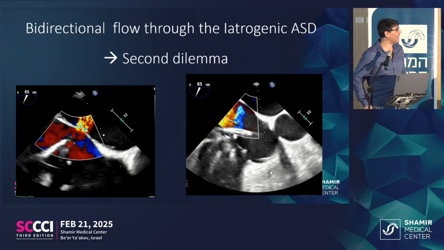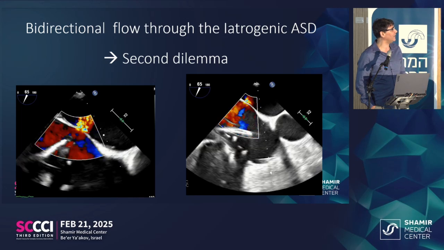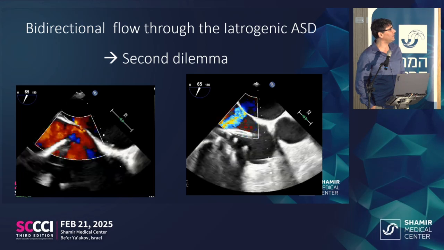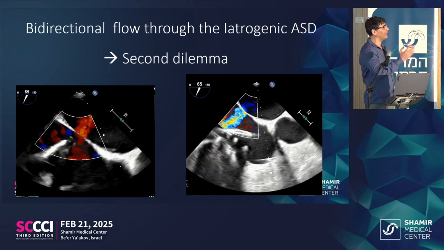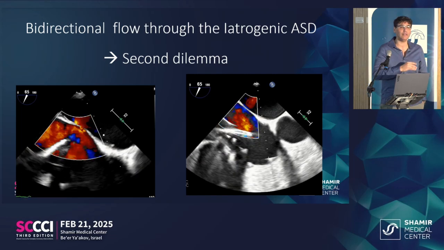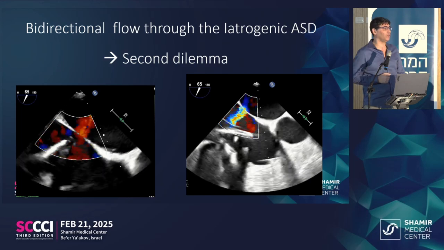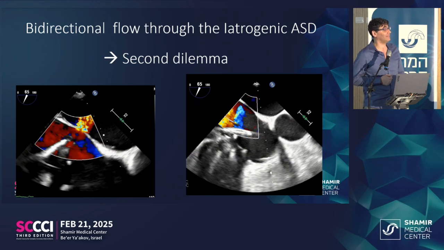And when pulling out the system, we're in the tricuspid, in the right atrium, we see that the iatrogenic ASD has a bidirectional flow. It means that the shunt goes from right to left and also from left to right. We have high pressure in the right atrium of about 12 to 15. We have a wedge of about the same.